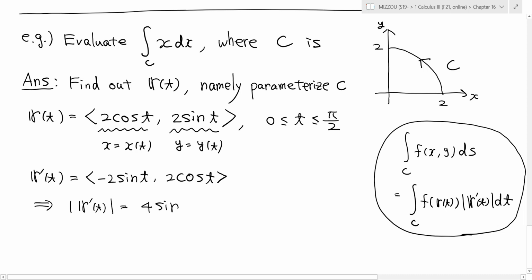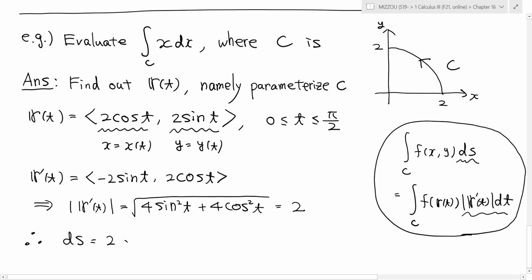So this is the square root of 4 sine squared t plus 4 cosine squared t, and that's 2, because sine squared plus cosine squared is 1. Then therefore, ds, this little line segment ds, becomes here.